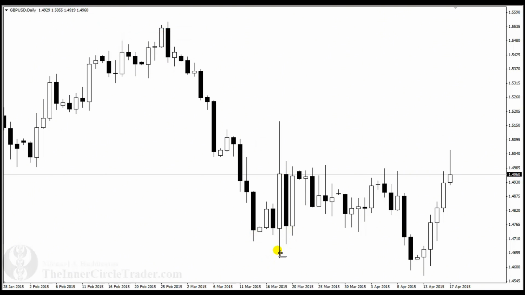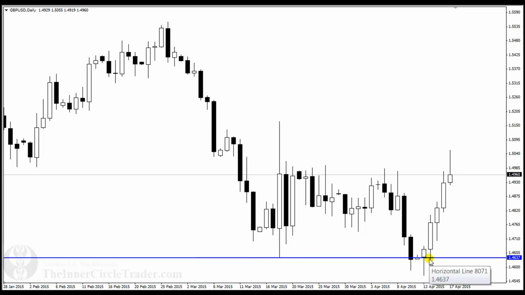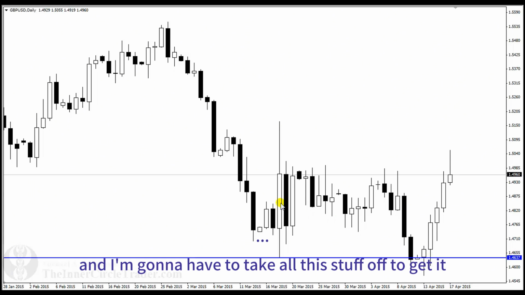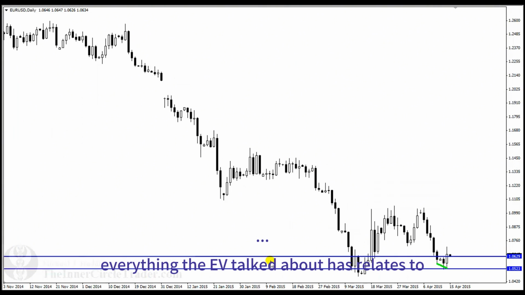We have this low right here. Boom, 146.37 right in here. And we had a lower low here on cable. You see that? Fiber was not. So somebody on a large scale was coming in and accumulating in the market.